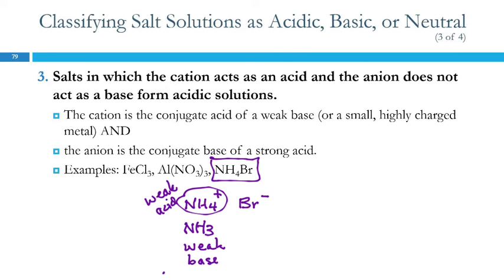Br minus, what's it related to? HBr. Strong acid, weak acid? Strong acid. So the Br then, nothing, neutral. So here we've got something being a weak acid and something doing nothing. We're going to have an acidic solution.